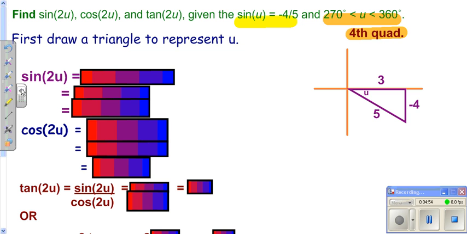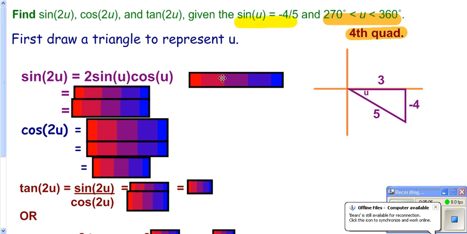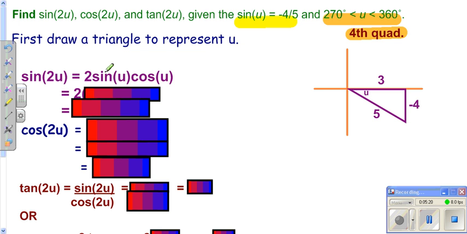Well, now that we have our diagram drawn, let's figure out if we double that angle, what would be the sine? Well, let's use our double angle sine formula, which is 2 sine u cosine u. So it's going to be 2 times the sine of u right here.